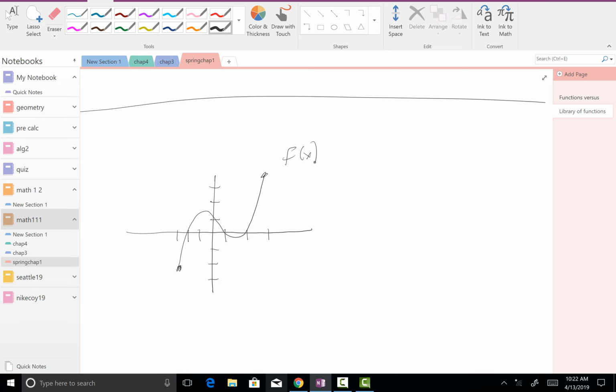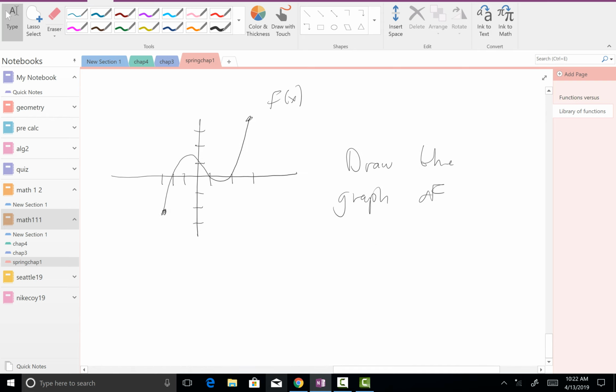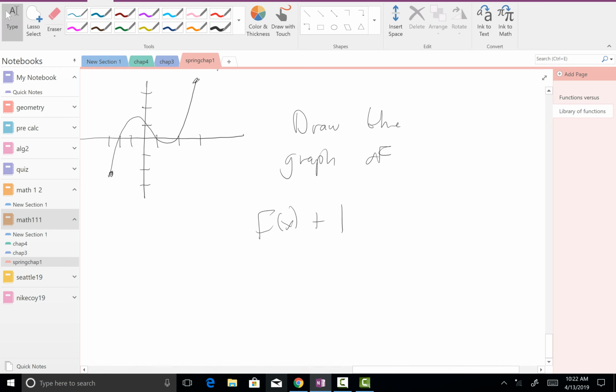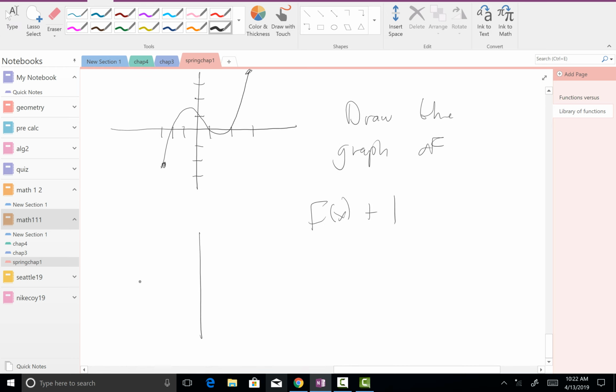Please don't do that, because that's going to take a lot of time. The question's going to be this: draw the graph of f of x plus 1. So we're just going to take this thing and shift it up 1. Good job.